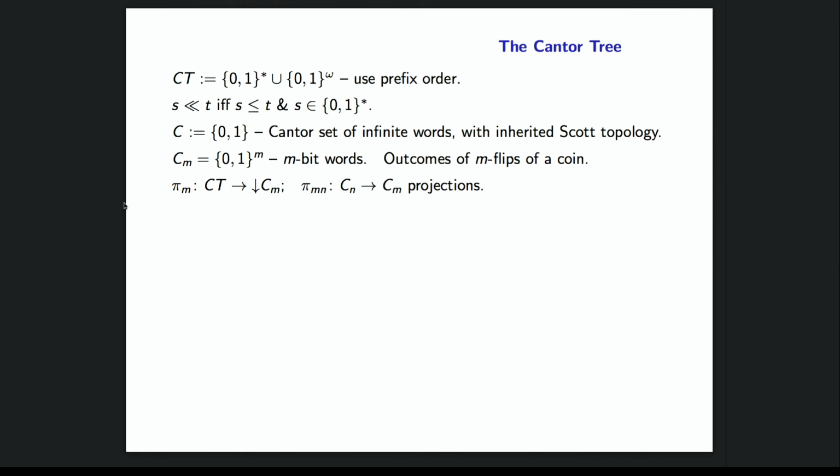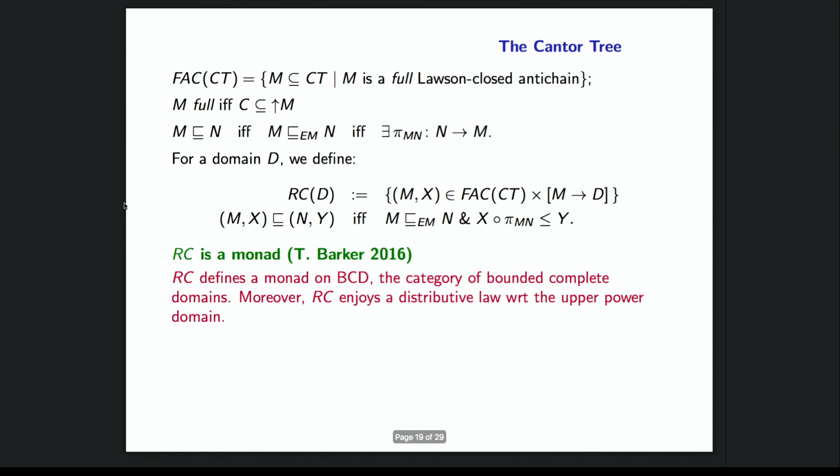That's the retraction. And these maps, you can actually say are continuous in the Scott topology. This is a nice closed set in the Scott topology. And between any two of these, if m is less than n, then there's a projection from the n-bit words to the m-bit words. And it's doing what you think. It just truncates the word to the first m bits. Okay? So that's all very nice and intuitive.